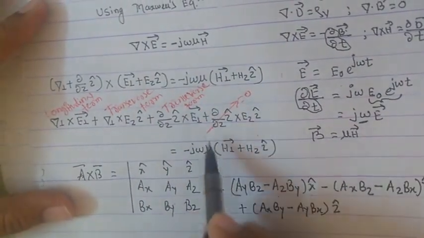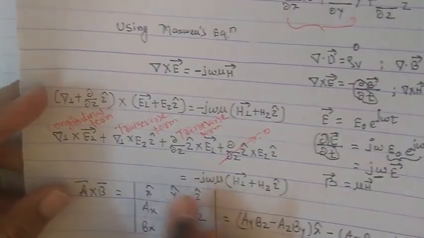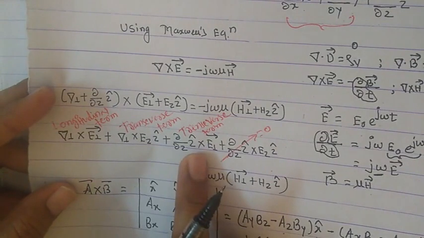from this, minus j omega mu H transverse, minus j omega mu H transverse is equal to the transverse terms: del transverse EZ cross Z plus del by del Z, Z cross E transverse.